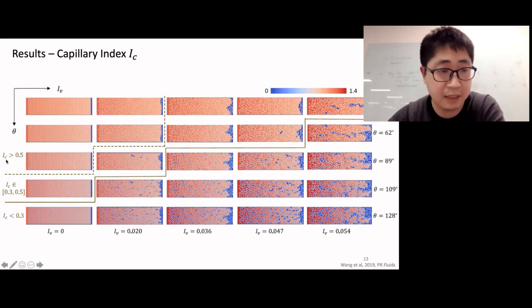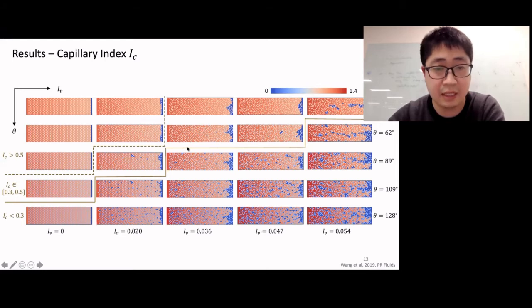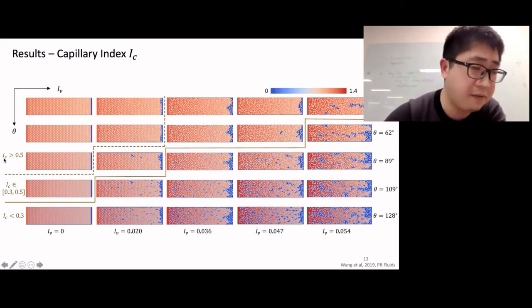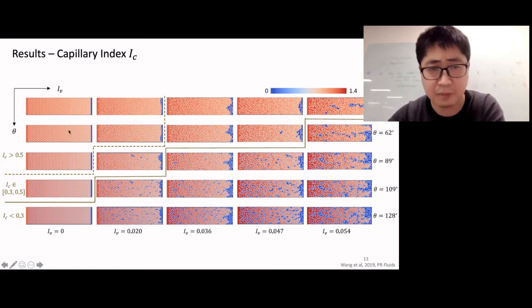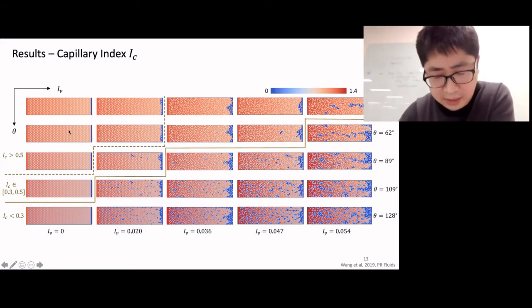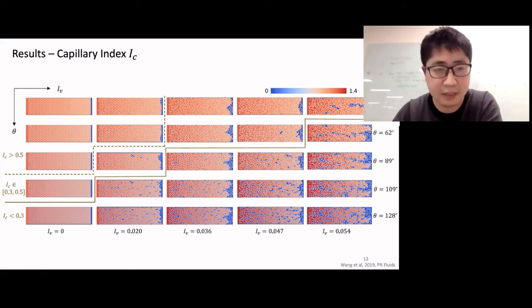Here is IC greater than 0.5, IC smaller than 0.3, and we see that these different IC values separate this whole domain into separate regions, where we see that more defending phase is trapped at the right bottom, whereas on the left top, where IC is greater than 0.5, we have a very compact displacement. So that's the study on disorder, where we have shown the very important effect of wettability and disorder.